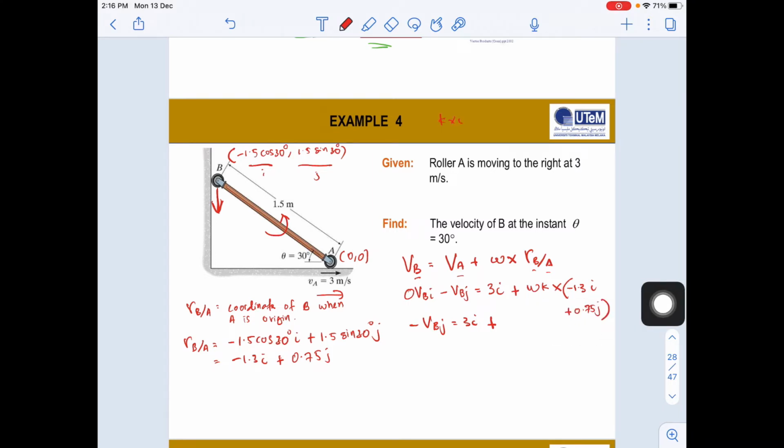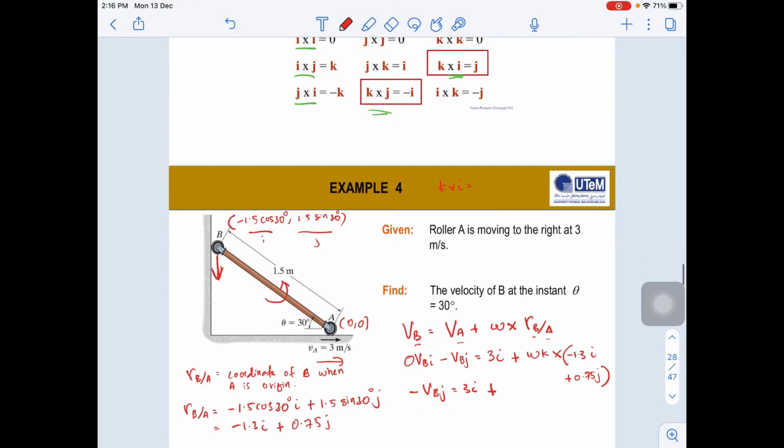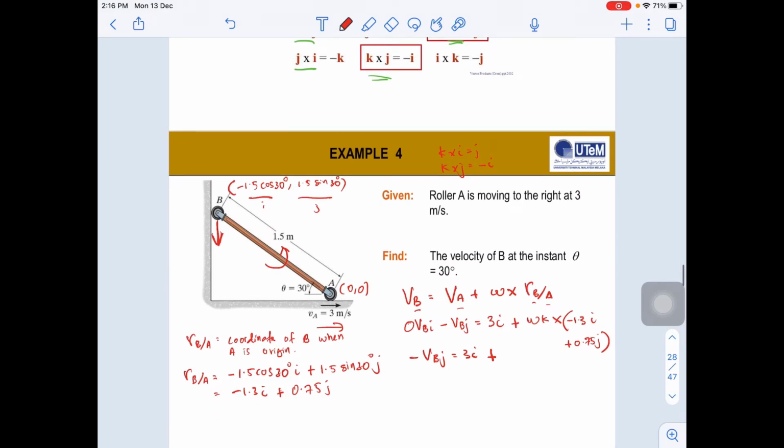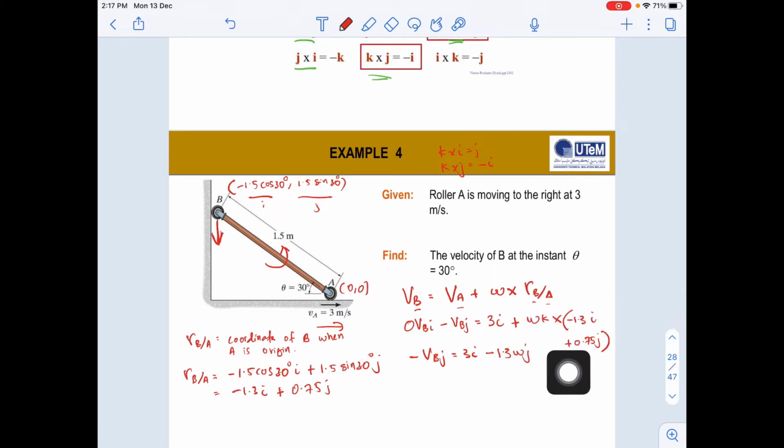Remember, K times I is equal to J, and K times J is equal to minus I. So K times I is J, giving minus 1.3 omega J. And K times J is minus I, so you have minus 0.75 omega times minus I. Then separate between I and J. For I, you have 0 equals 3 minus 0.75 omega.